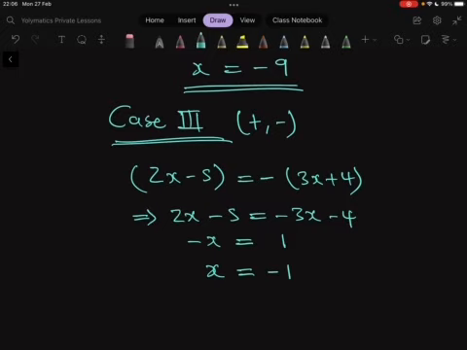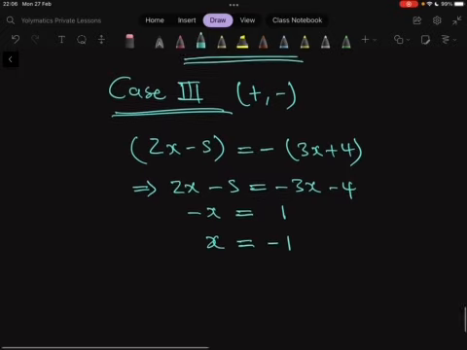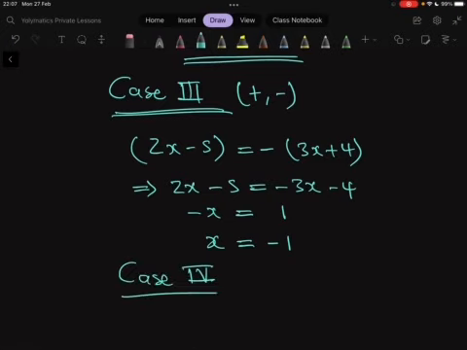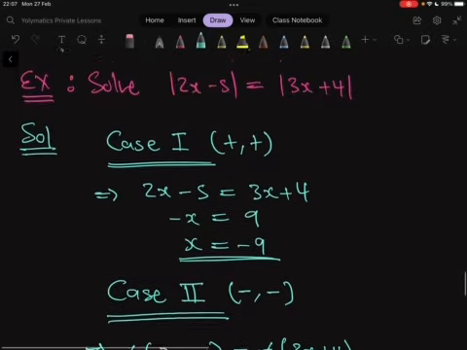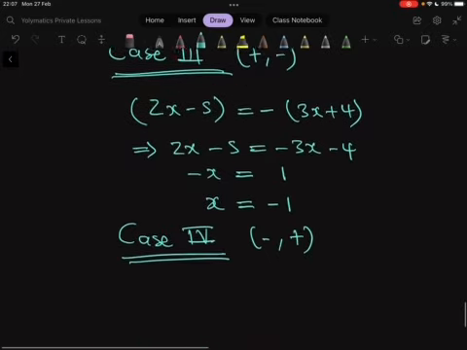Then the next thing we should do is look at case 4, which is the last case. In case 4, we take the negative plus case, which means we take the left hand side to be negative. If the left is negative, I'll multiply by a negative on the left.